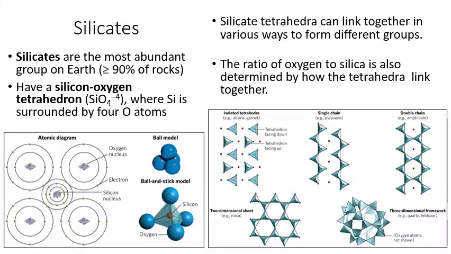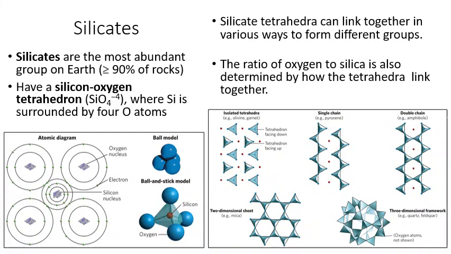And the ratio of oxygen to silica is also determined by how the tetrahedra link together. So while there is 1 silicon for every 4 oxygen atoms in the diagrams to the left, as soon as we add more oxygens in different places, those silica start to get shared between different oxygens and allow for different mineral makeups.